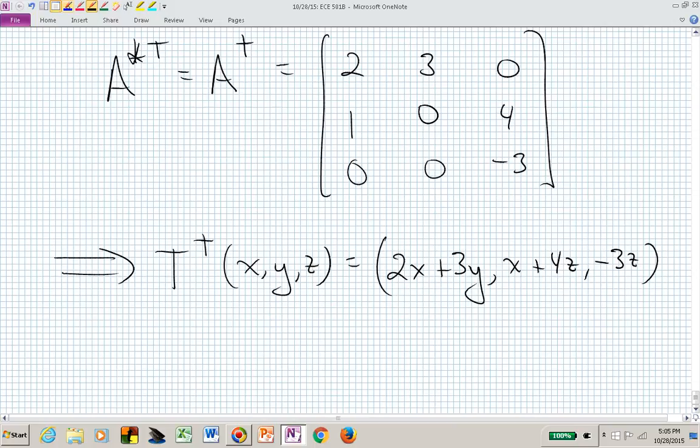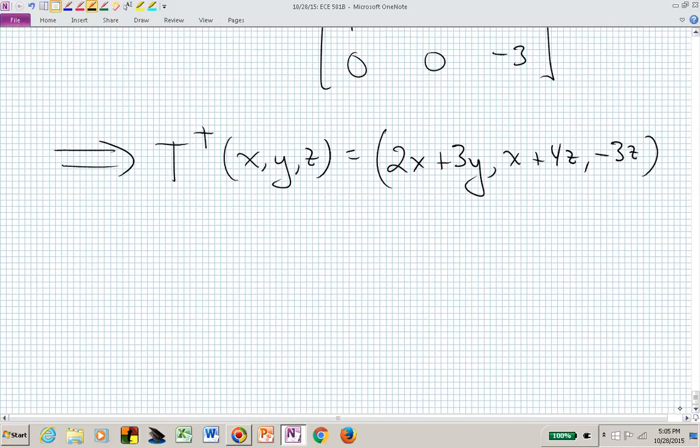Now, as a check on our work, we could actually do what? Could we perform a quick check to see if we're in the right ballpark, since we're dealing with ballparks at this point in the year, World Series? Maybe. So let's look at a particular example with this T and T dagger that we just created.